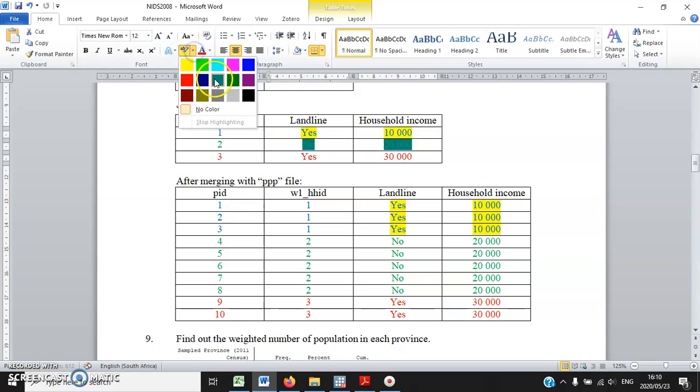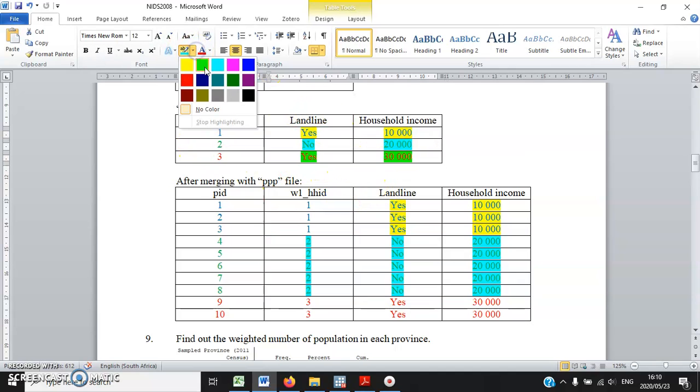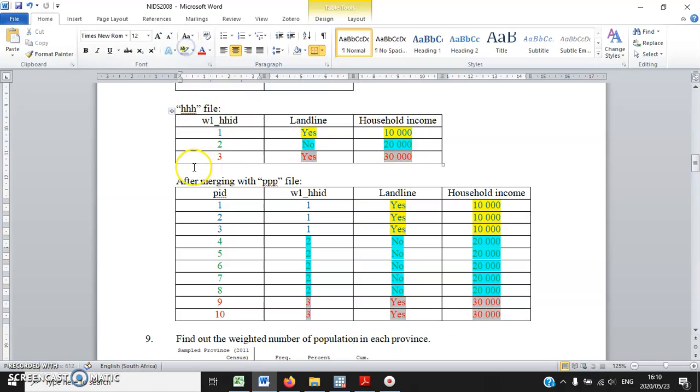Similar explanation applies for people from household ID number 2 and number 3. I leave it for half a minute to see if you can understand. I explained more or less the same story in the last 2 days when we merged the StatsSA IES household level file with the person level file.